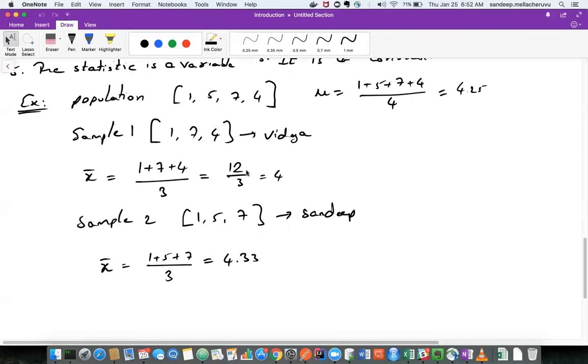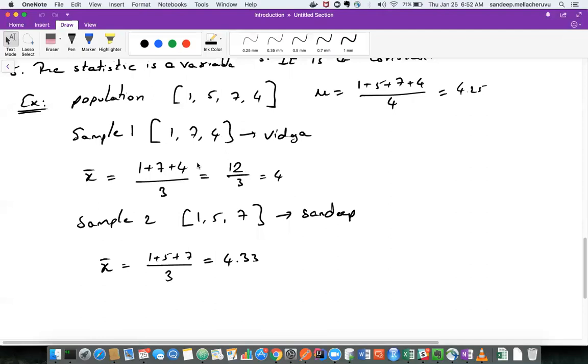Everyone clear on this? There can be any n number of samples, but the population is only one data set. Exactly. Population is never changing, and because of that, population parameters never change. It means that it is a constant.